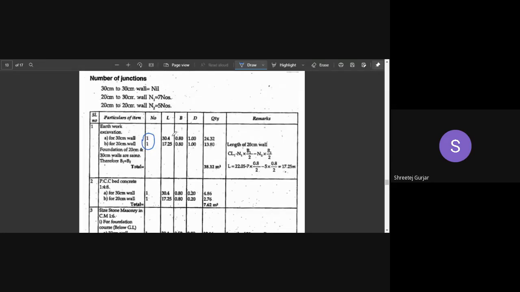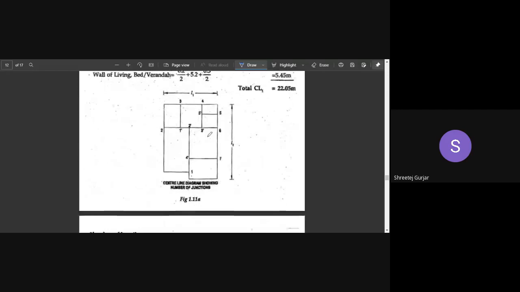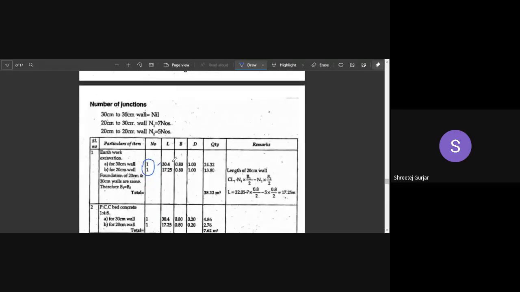So why do we not use this formula for the 30 centimeter wall? You can see that we have directly substituted length as 30.4, which is the center line length of my 30 centimeter main wall. We have not deducted any of the junctions. Why is this?